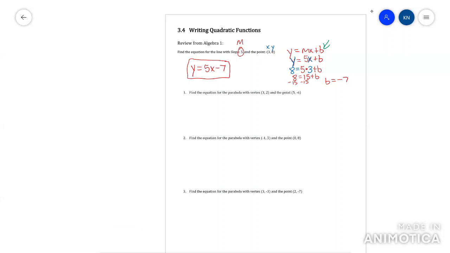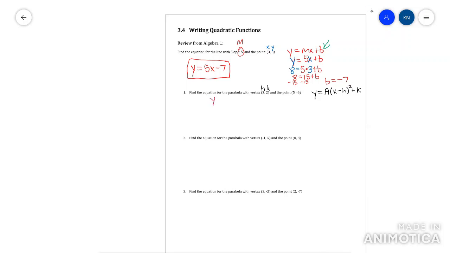Now for quadratic, it's a little different. We're not using y equals mx plus b. We're going to be using y equals a times (x minus h) squared plus k, where your vertex is your (h, k). All right, so let's look at this first one.